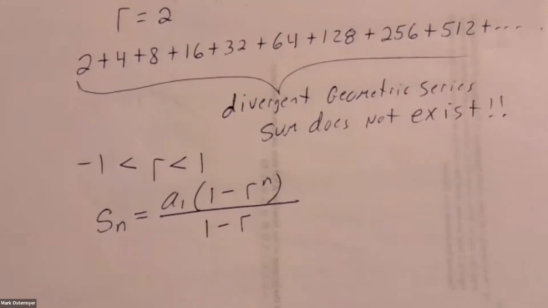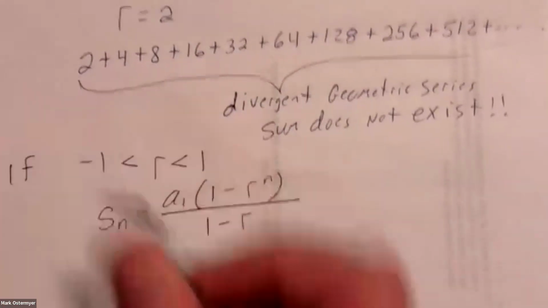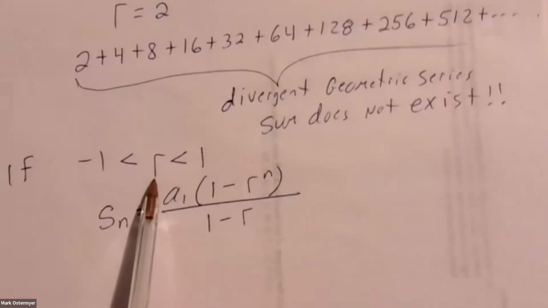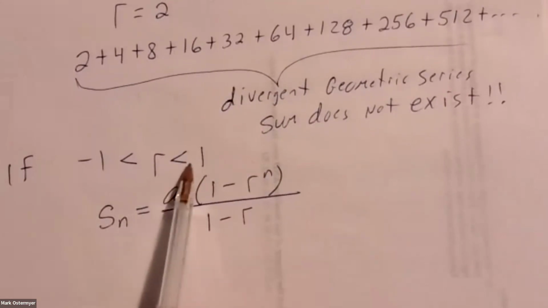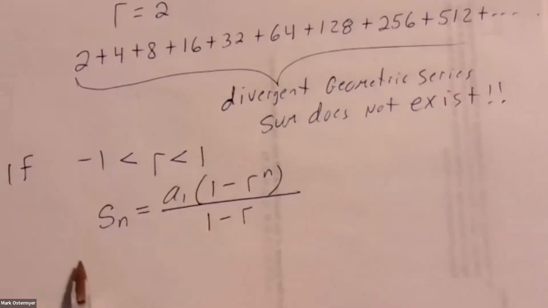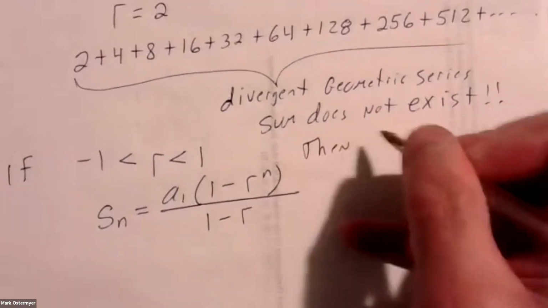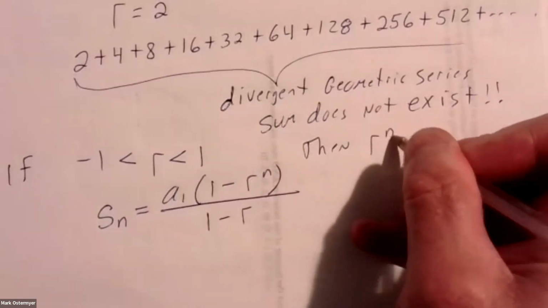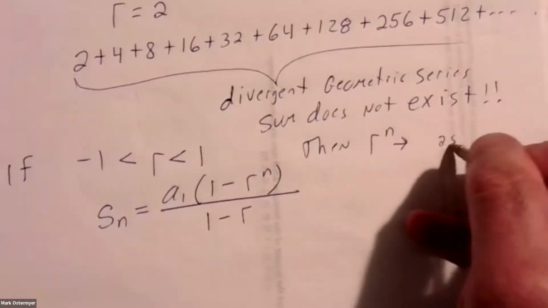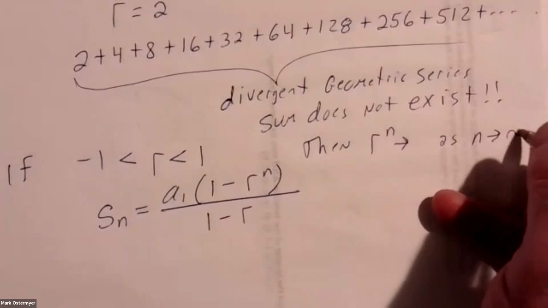So I have a question for you, ladies and gentlemen. If our common ratio for a geometric sequence is a fraction that's between 1 and -1, then what does r to the nth power approach as n approaches infinity?